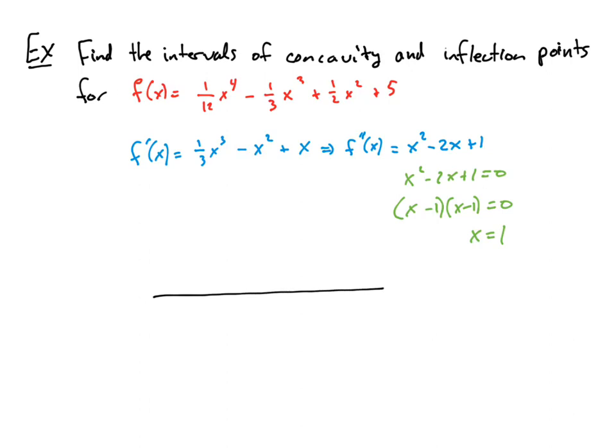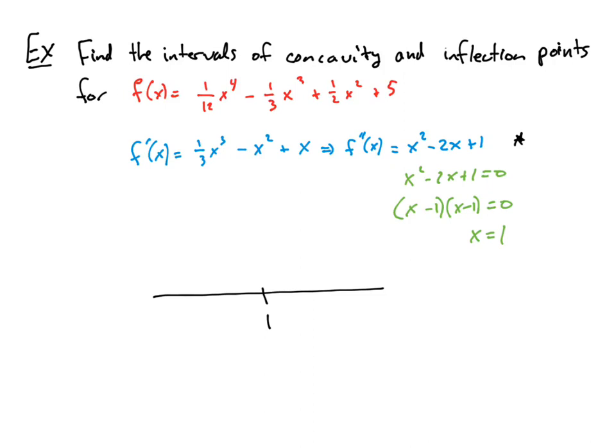So looking to see what we have in each of these intervals. We want to test values into the second derivative to see whether the intervals give positive or negative values.